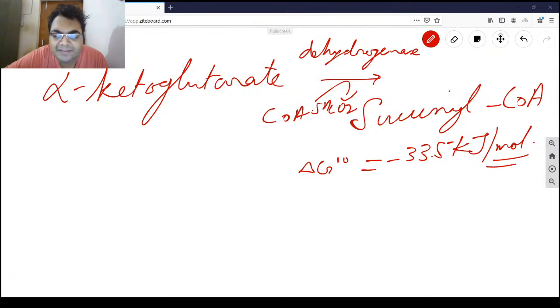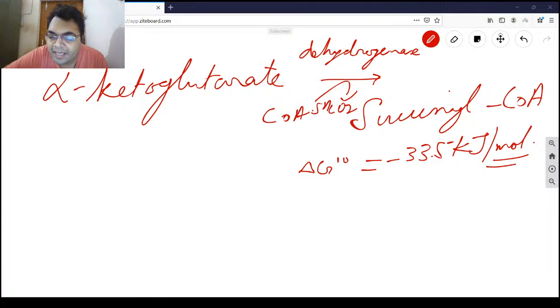The E1 components of the two complexes are structurally similar, but the amino acid sequences differ. They have different binding specificities. The E2 components of the two complexes are also very similar.